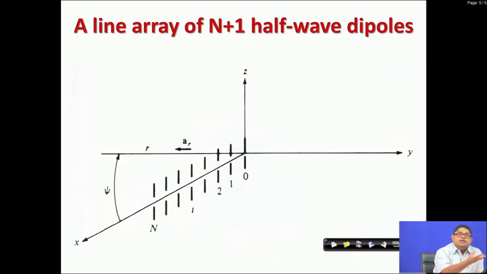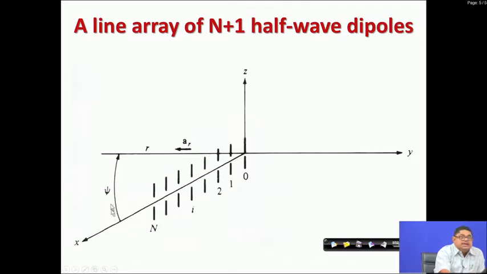These could have been monopoles, horn antennas, open ended waveguide antennas, etc. You see that the elements are placed along the x axis, a line, and there are N plus 1 such elements, because the first one is named 0, then 1, 2, etc., I, and it goes up to capital N. The observation point is P, and these are the distances.